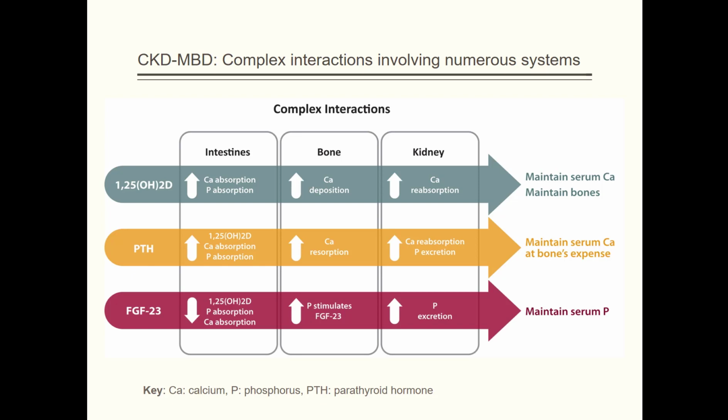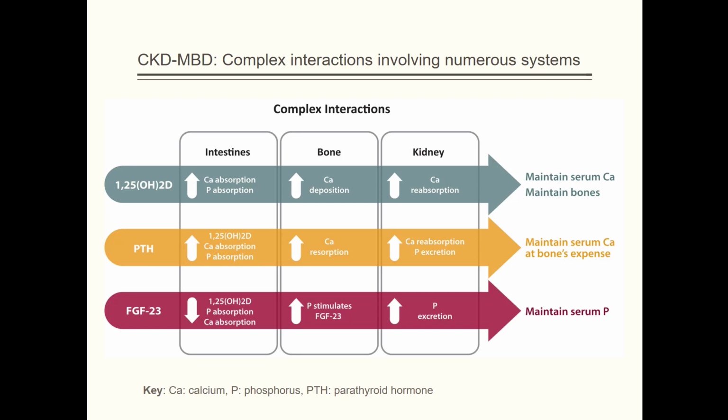FGF23, shown in the maroon arrow, is thought to control serum phosphorus. Levels may increase as serum phosphorus increases. FGF23 is produced by the bone and may inhibit the enzyme that activates vitamin D. Lower levels of active vitamin D result in a reduction in phosphorus and calcium absorption by the intestines.